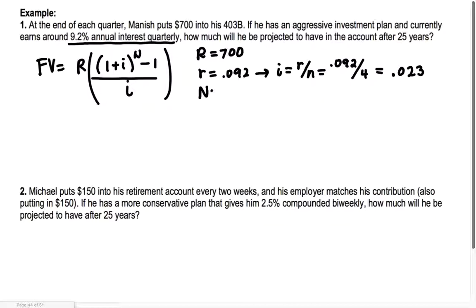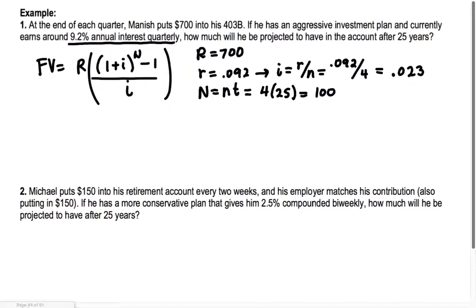And then capital N is our number of times we're compounding each year times our number of years. So we're saying he's compounding quarterly for 25 years. So there's 100 times that it's going to get interest, right? And that he's investing money 100 times.